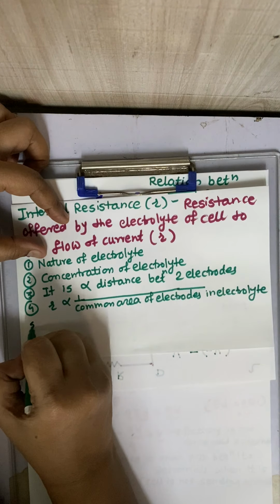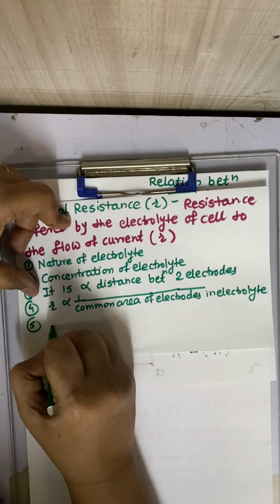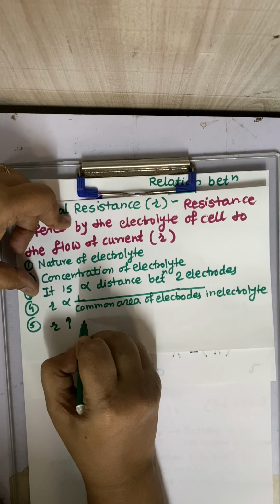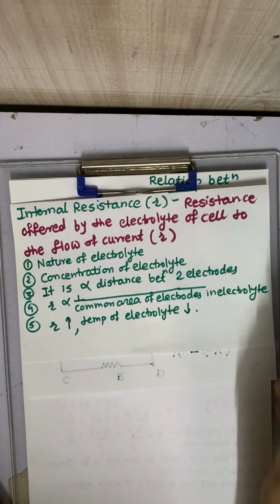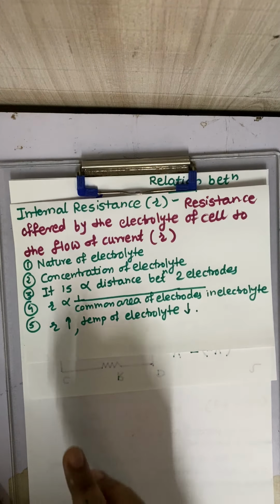Next, it increases with decrease in the temperature of the electrolyte. Means the value of r increases when the temperature of the electrolyte decreases. So these are the various parameters on which this internal resistance depends.